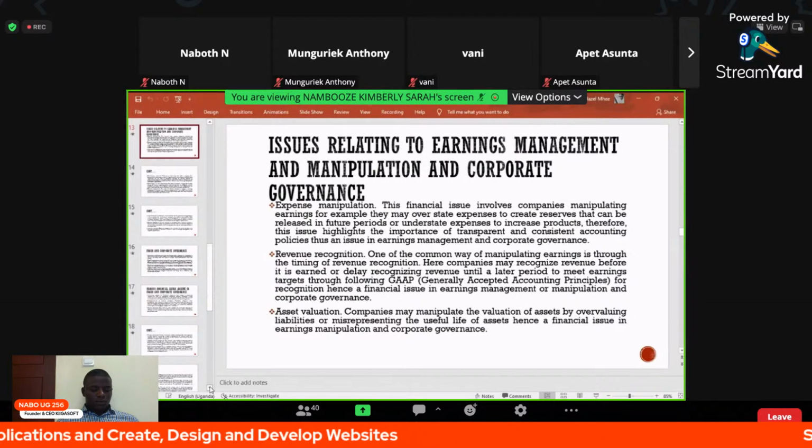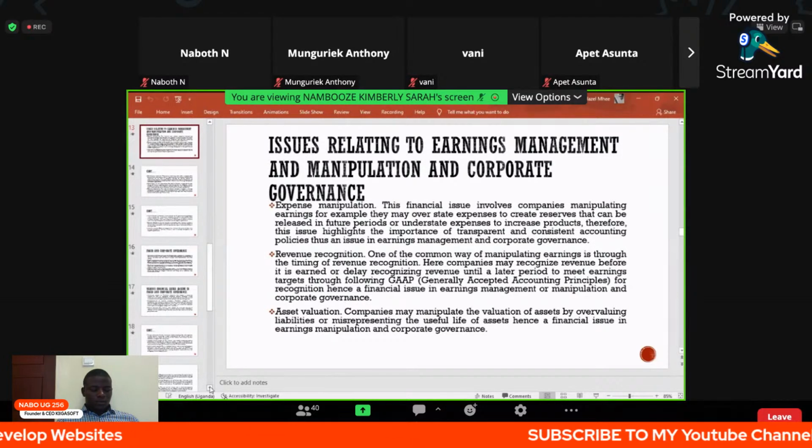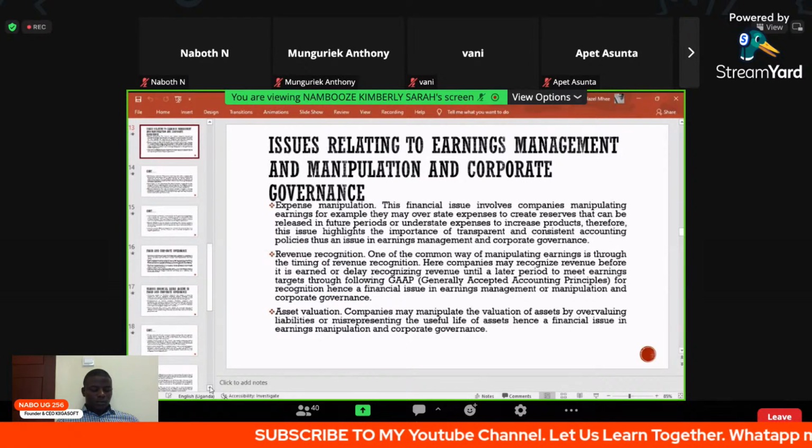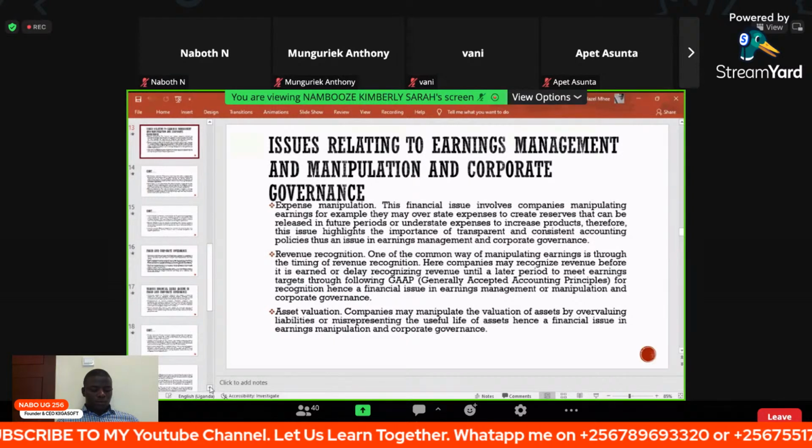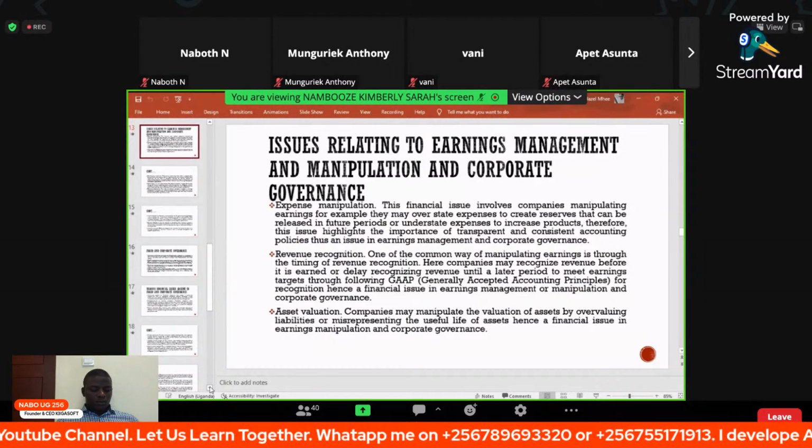Like expense manipulation, for example, the company can overstate expenses to create reserves.